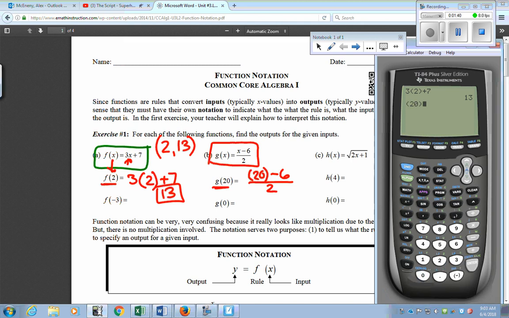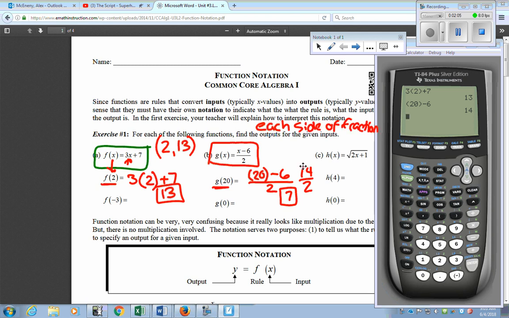So I'm going to put this in as I wrote it, but hold off on the divided by 2 part, because I want to get one answer for each side of the fraction. I get 14 for the top over 2, and if you divide that, you end up getting 7 for the answer. So with fractions, you want to do each side separately. Make a little note of that on your paper.